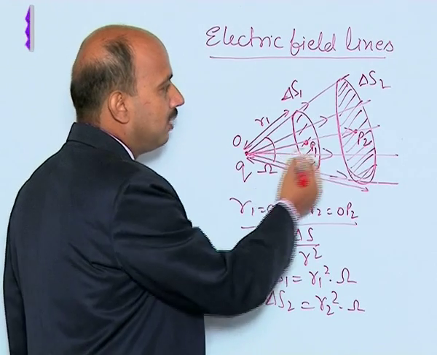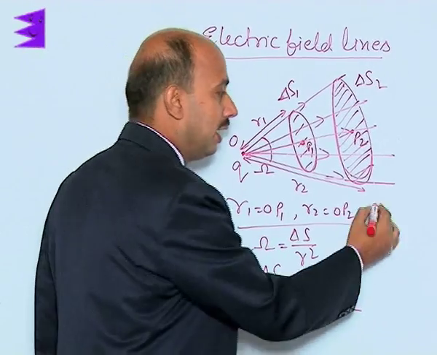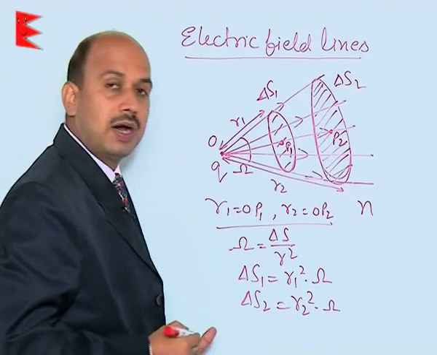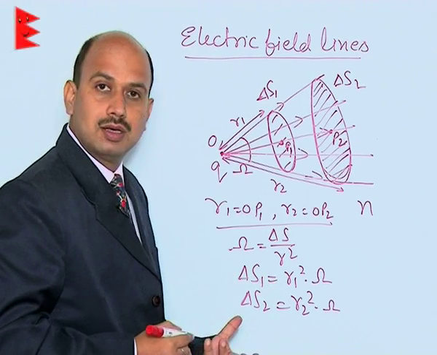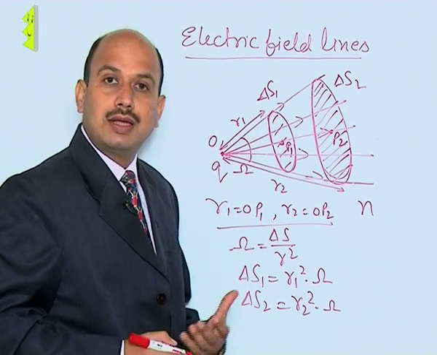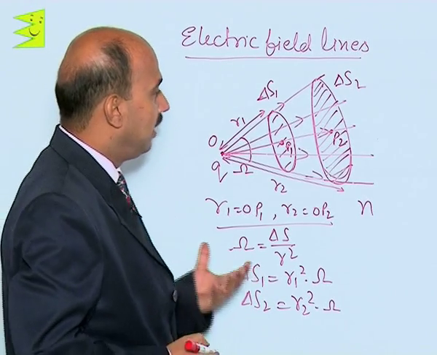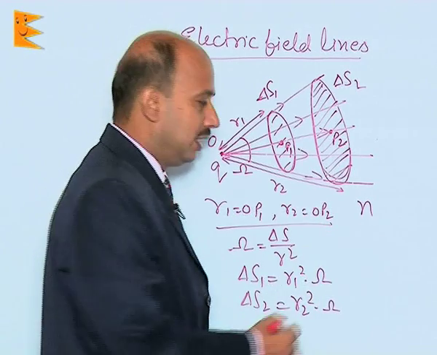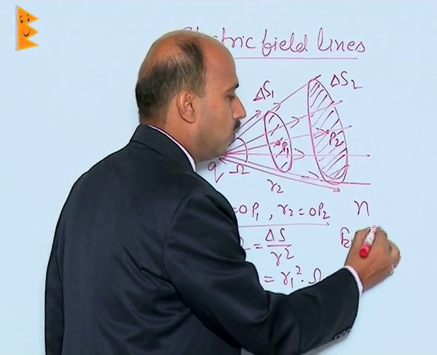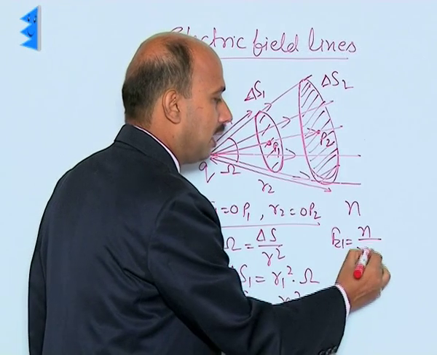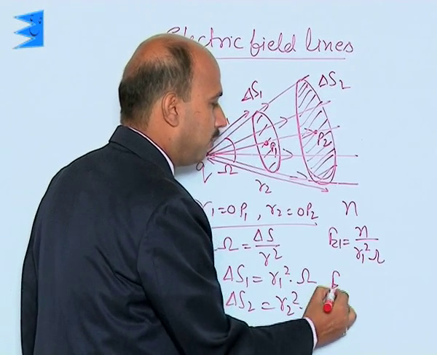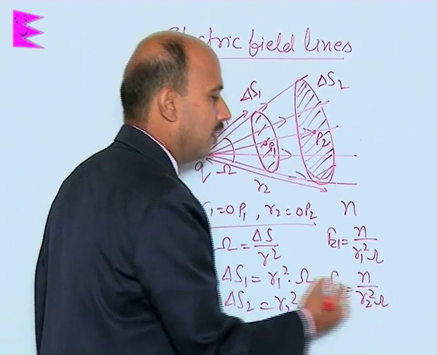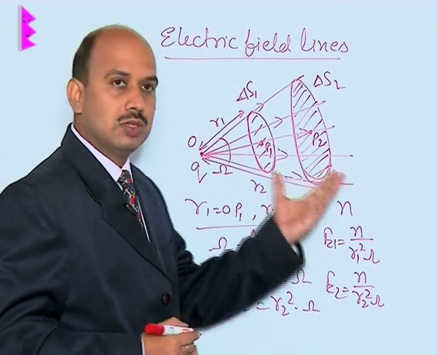Let the number of field lines passing through these areas be the same, and that is equal to n. Then the number of field lines passing per unit area is equal to the electric field intensity. So we can write E1 is equal to n upon R1 square omega, and E2 is equal to n upon R2 square omega, where n is the number of field lines passing through these areas.